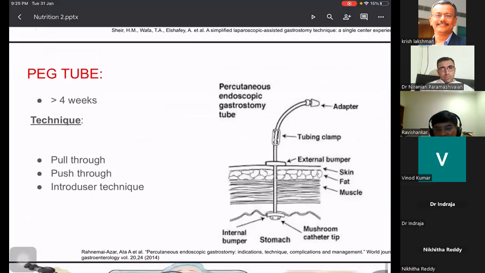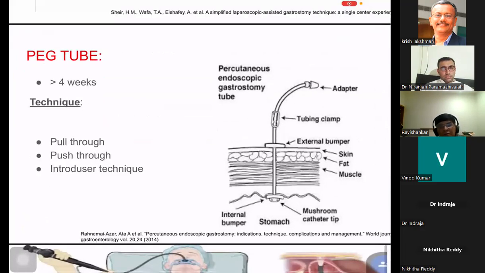PEG tubes. These are percutaneous endoscopic gastrostomy tubes. These are the most used tubes recently, as they involve a minimal surgical technique, provided through the pull through technique, push through technique, or introducer technique.